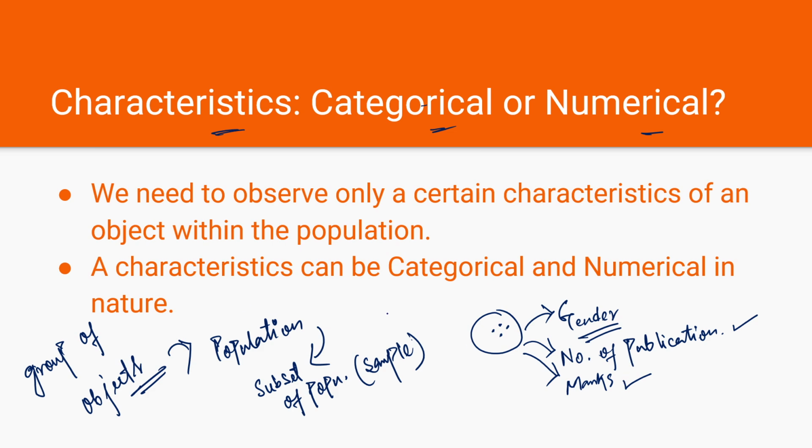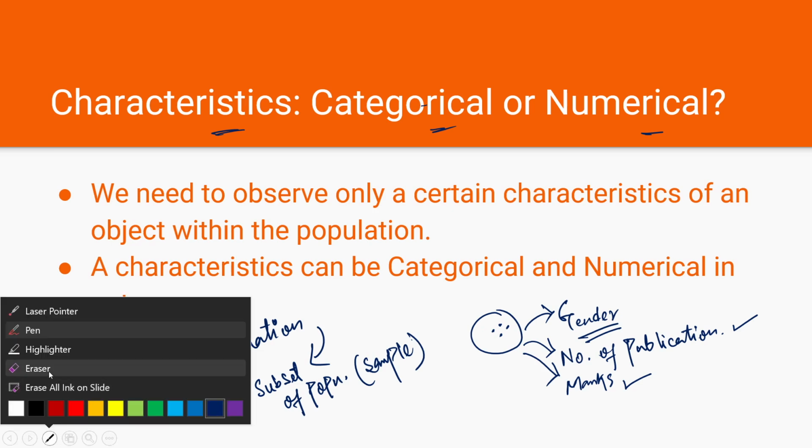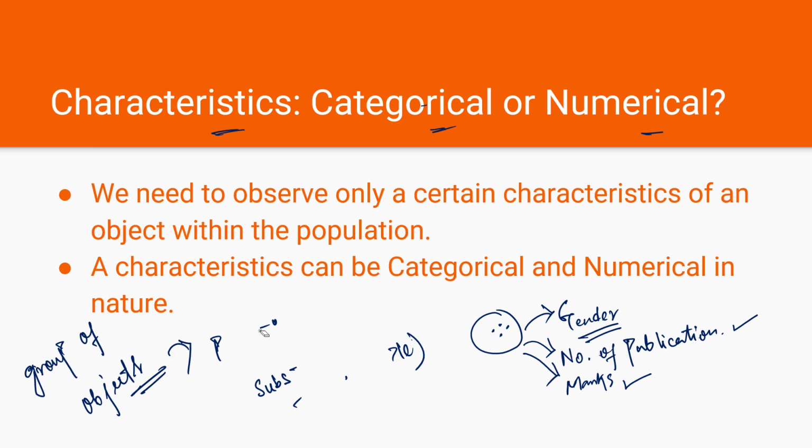Now a characteristic can be categorical or numerical. How? Characteristics can be categorical or numerical means, let's say the marks they are getting should be in numbers, in numerical form, let's say 79 or 80 or 99, anything it can be. So this is a numerical value.